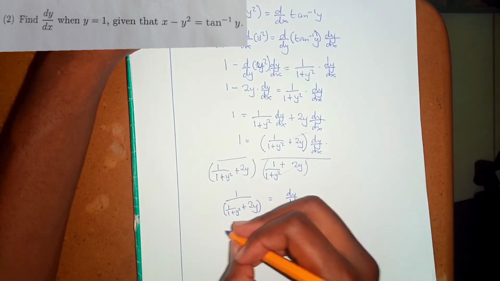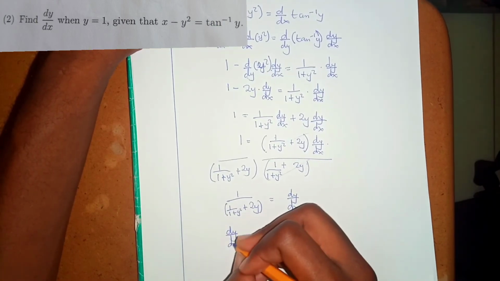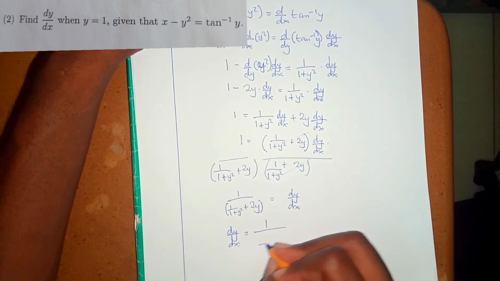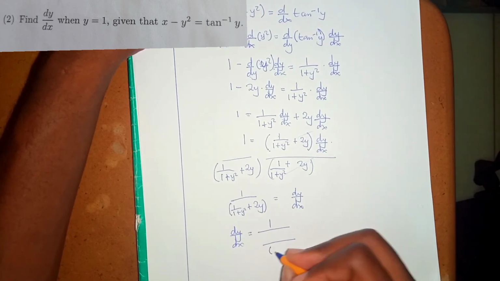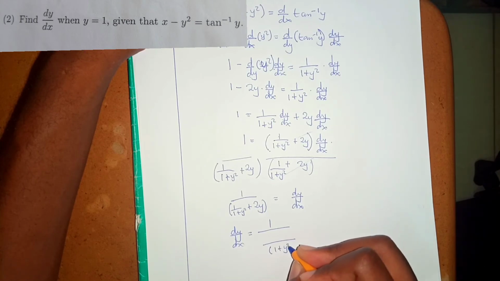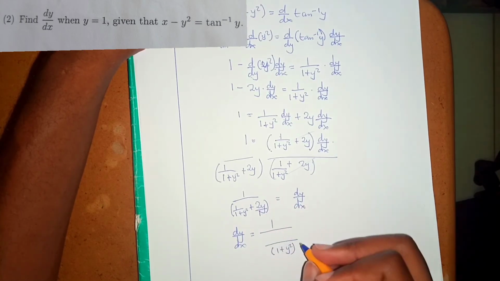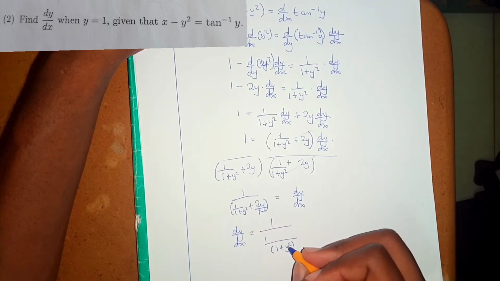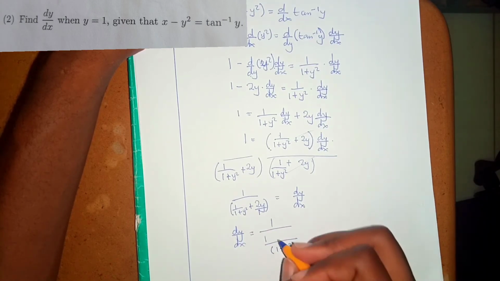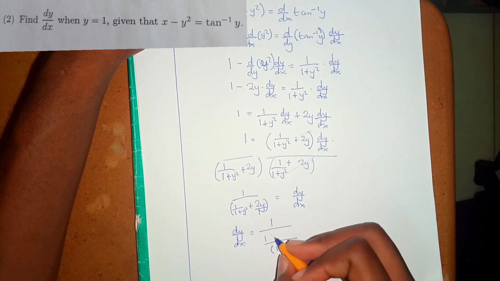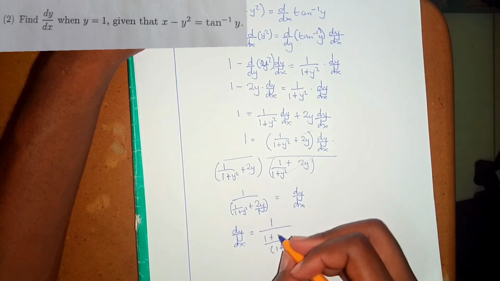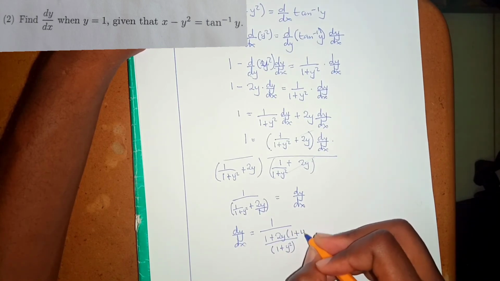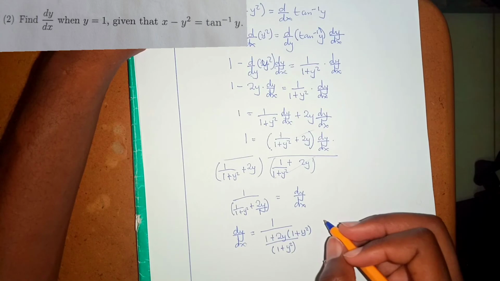So dy by dx will be equal to 1 over, when you add these, the common denominator being 1 plus y squared, where this 2y is over 1. So 1 plus y squared into 1 is simply 1 plus y squared, and we are going to multiply it by 2y. So we're going to have 1 plus y squared.